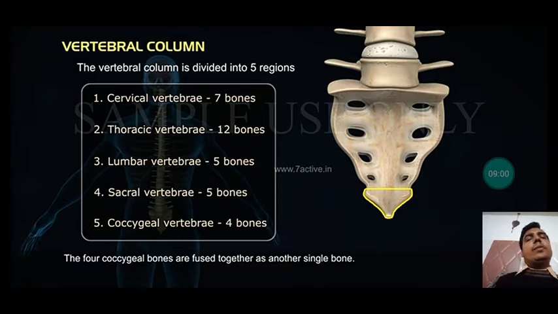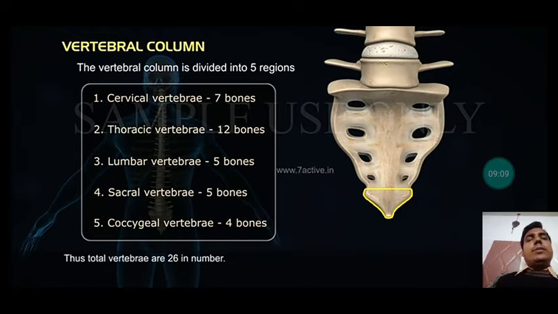That is called the coccygeal vertebrae. Thus, the total vertebrae are 26 in number, but 33 bones are present there.